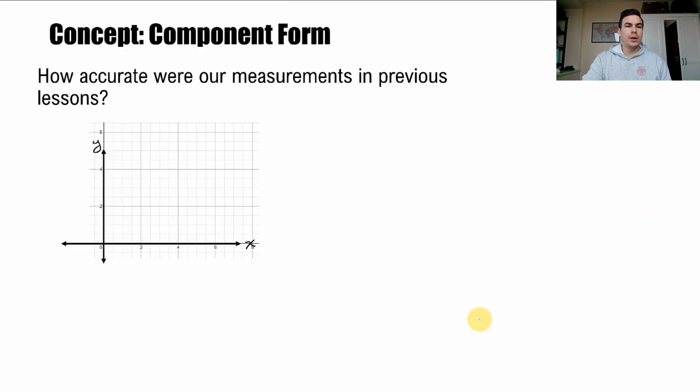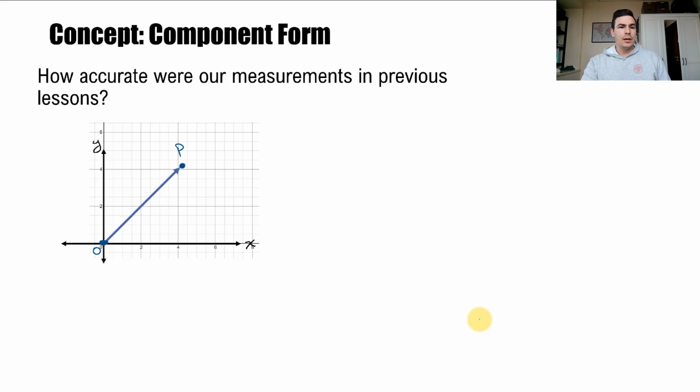Okay, first question I want to ask is how accurate were our measurements in previous lessons? When we would look at the magnitude of a vector, we would have to bring out our ruler and see how many centimeters it was, or inches, or whatever. And there's often error in our measurements there. But what we can do is have these vectors imposed in the coordinate plane, like vector OP here.